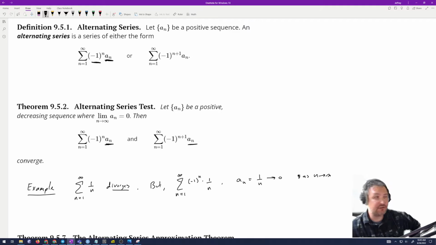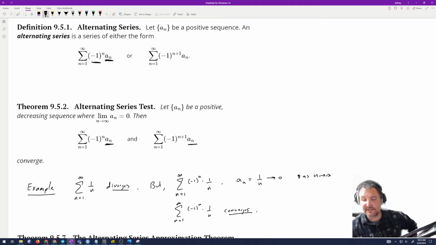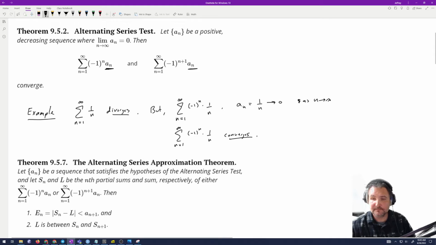So by the alternating series test, the series -1 to the n times 1 over n converges. So this is an important caveat to this famous series where 1 over n diverges, but if we have an oscillating term, then it converges.